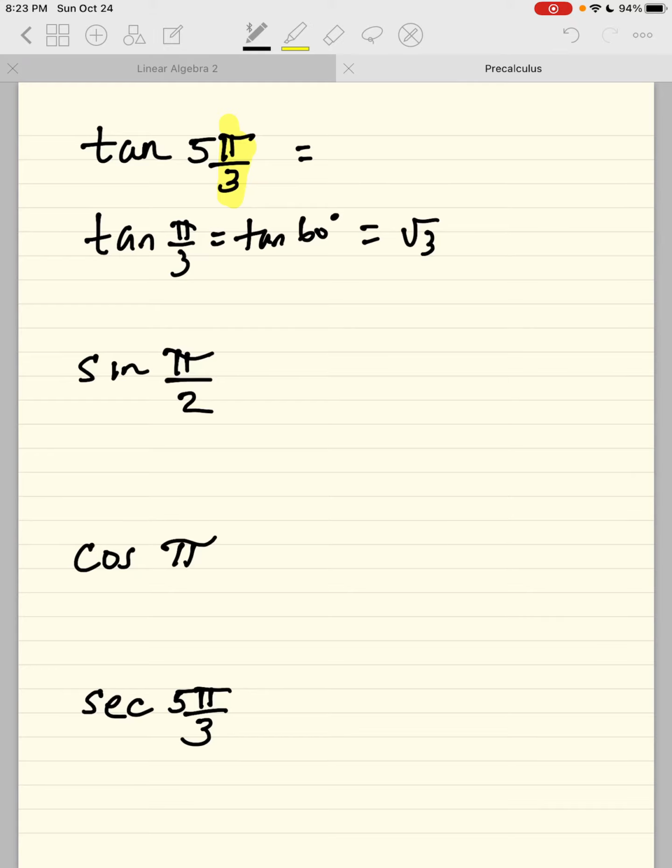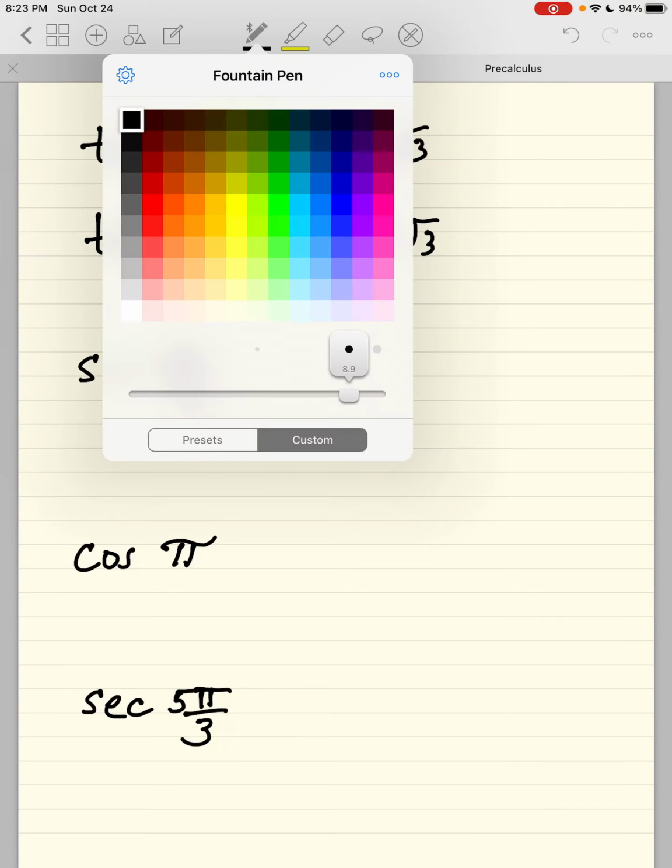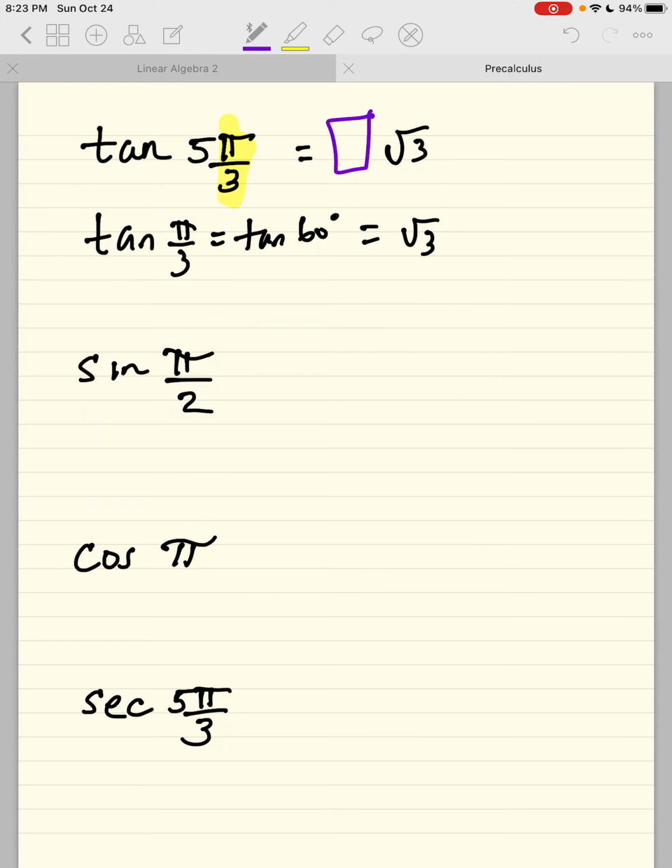So this answer is going to be the square root of 3, and now I just have to decide if it's positive or negative. So 60 degrees times the 5 in the front puts you in the 4th quadrant. The only one that's positive in the 4th quadrant is cosine, so this is actually negative, okay?